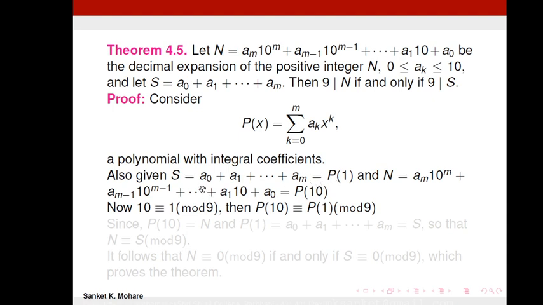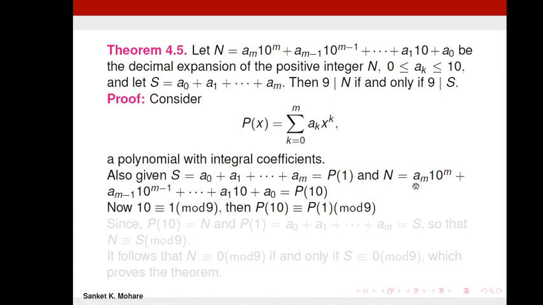So this is equal to P of 1. Why? If we put the value x equal to 1, then P of 1 is the sum over k of ak times 1 to the power k. 1 to the power k is 1, so it becomes a0 plus a1 plus and so on. That's why s is equal to P of 1.